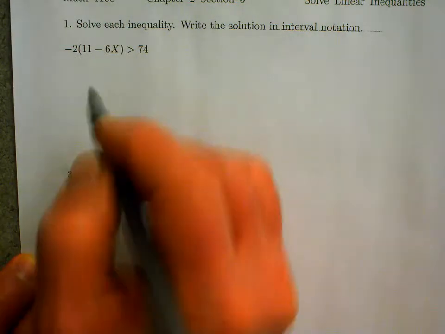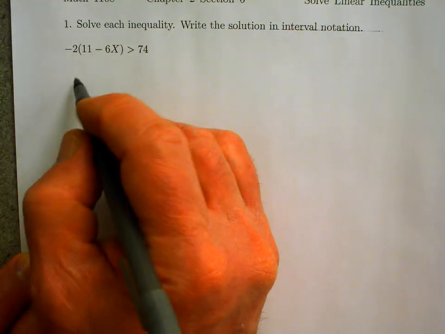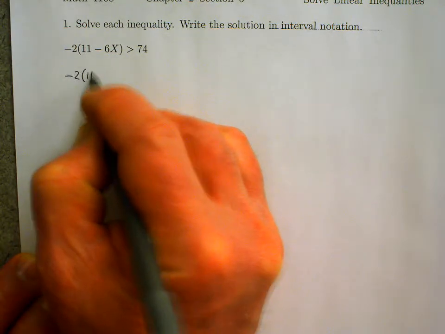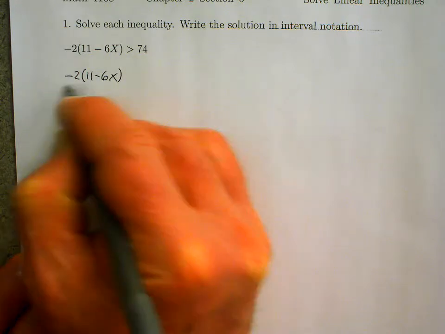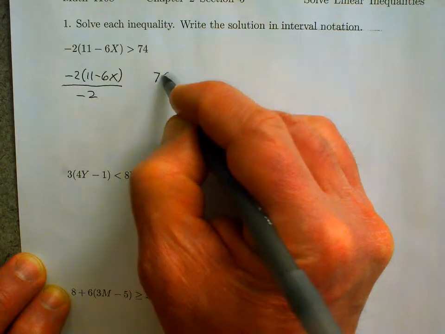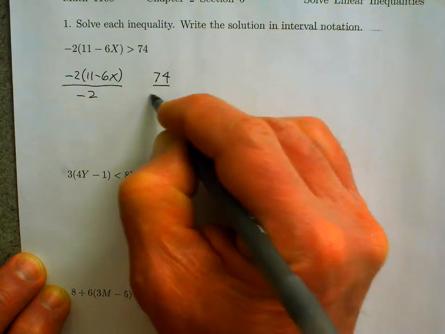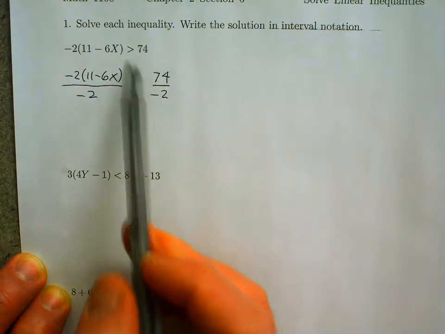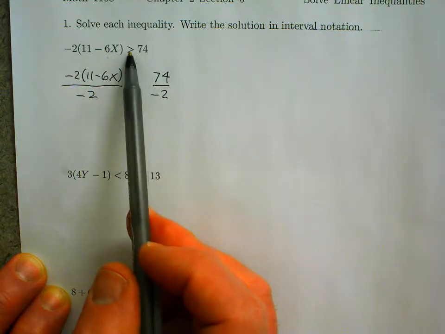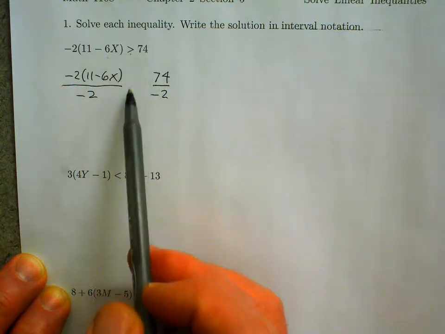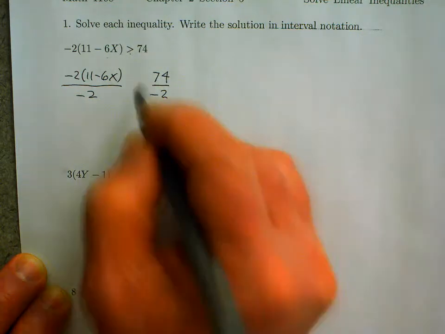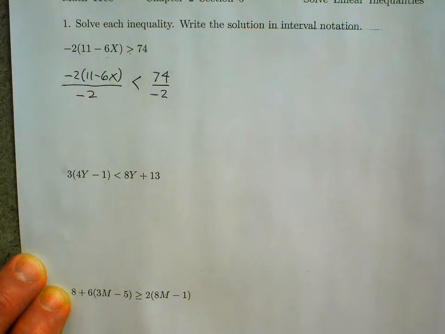Divide both sides by -2. I'll write it in some detail. -2 times 11 minus 6x, we're going to divide this by -2. On the right-hand side, 74 divided by -2. But remember what I said: if you divide both sides of an inequality by a negative, you have to switch the inequality to its opposite. So we're going to switch that to less than, since we're dividing both sides by -2.